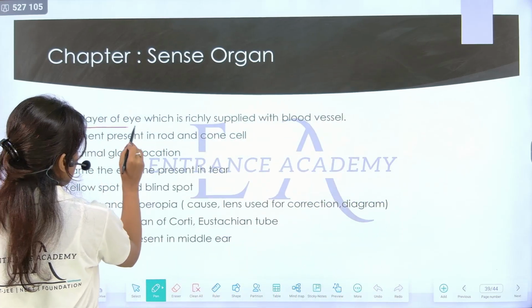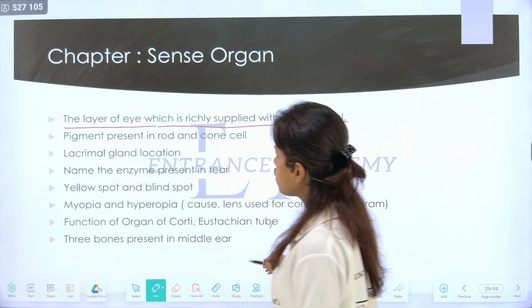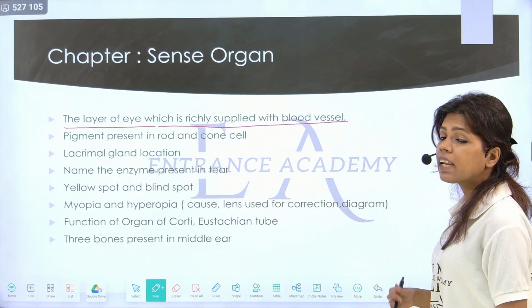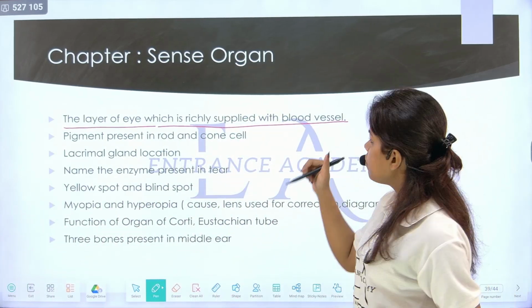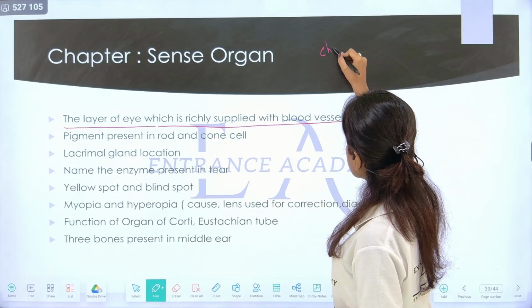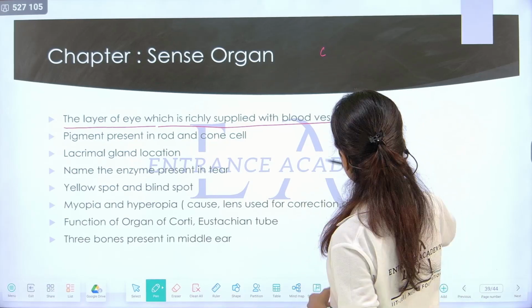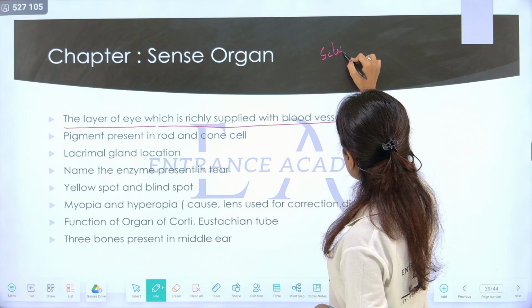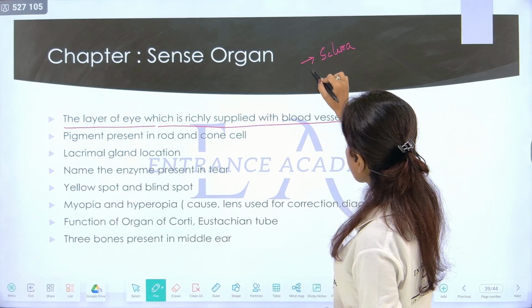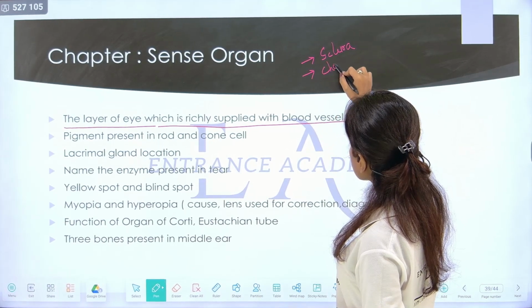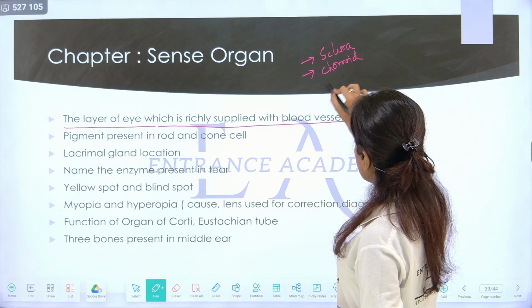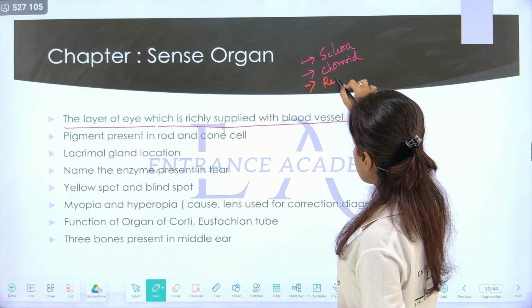The layer of eye which is richly supplied with blood vessels. We have three layers in our eye. First one is sclera. This is the outermost layer. The middle layer is choroid and the innermost layer is retina.